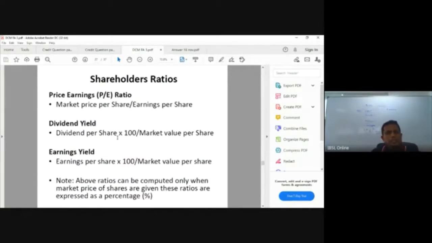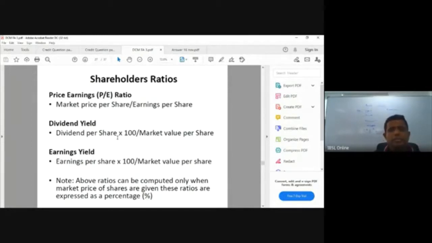Then the next ratio is the price earning ratio, the PE ratio. To calculate the PE ratio, you have to take the market price per share divided by earning per share.